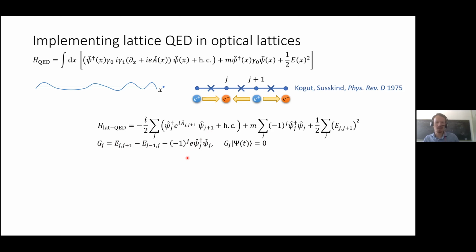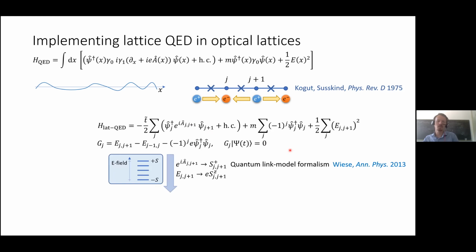Okay, fine. But how do we do the gauge field? And so there are different ways. One way is this so-called quantum link model formalism, which Uwe Wiese introduced to the quantum simulation community. And then what one does essentially is one takes the electric field and cuts it off at some values minus S and plus S. So it's like truncating large field fluctuations.